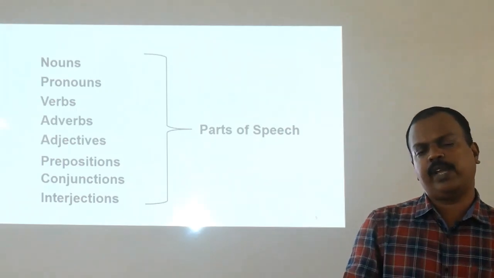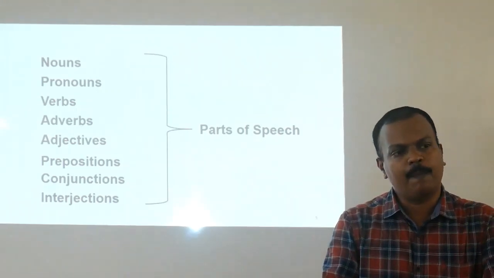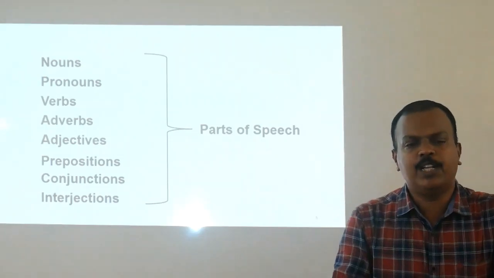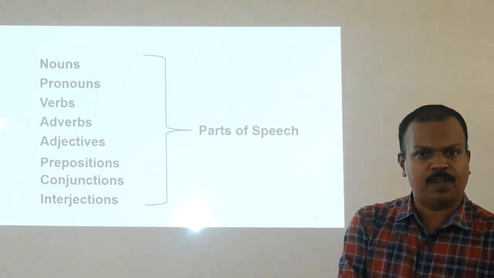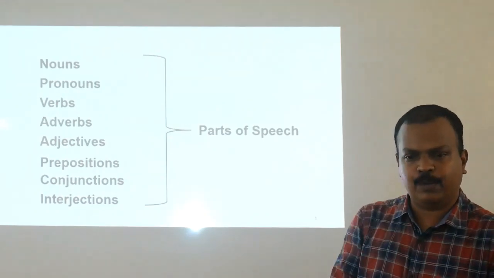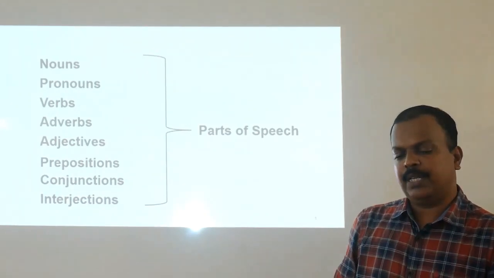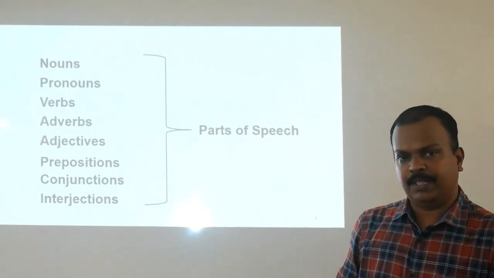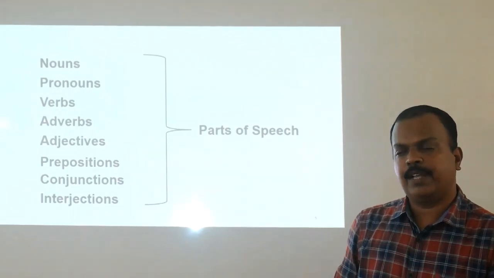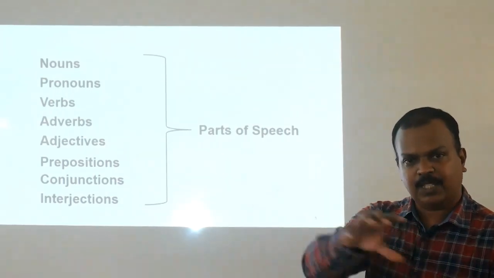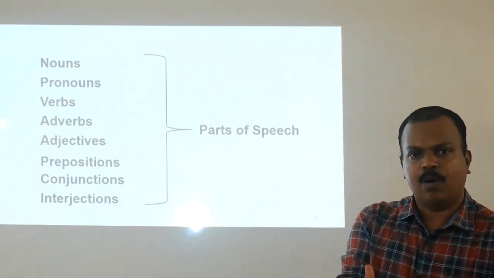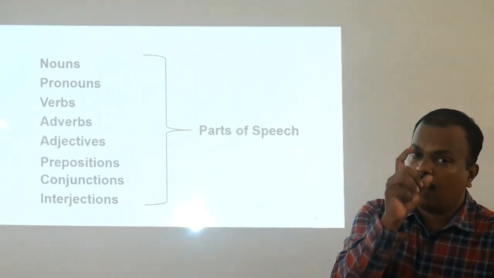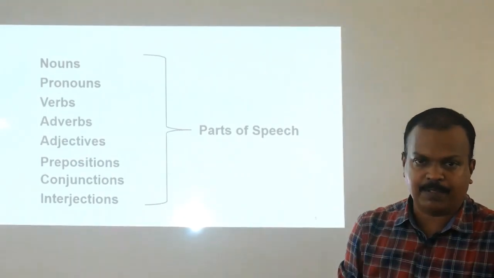Let's go ahead and look at an example. In this example I'll show you how all the parts of speech are used in one single sentence. It's going to be a long sentence, but I have included it in this discussion so that you see that these different parts of speech add up to the meaning of the sentence. Now, not all sentences need to have all the parts of speech.